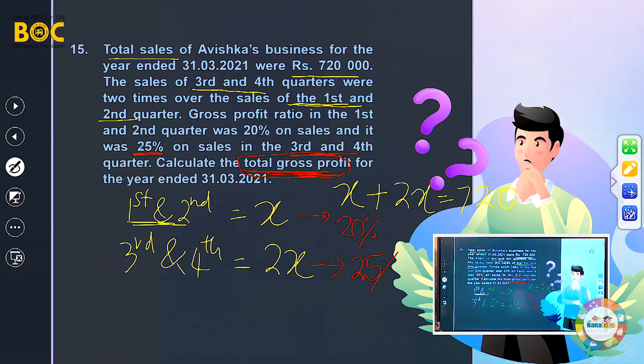So how can you calculate? If you can calculate separately sales for the first and second quarter and third and fourth quarters, you can calculate gross profit. Right. And we'll use calculations.